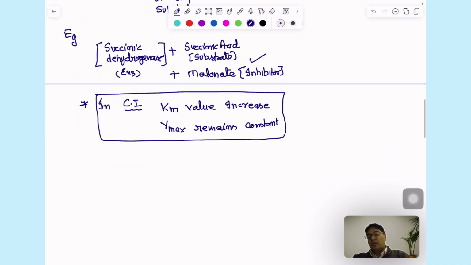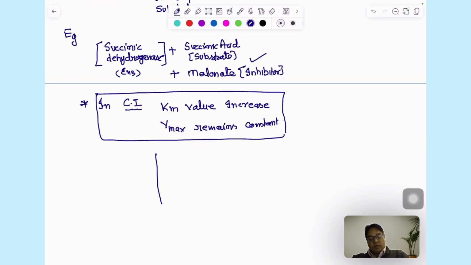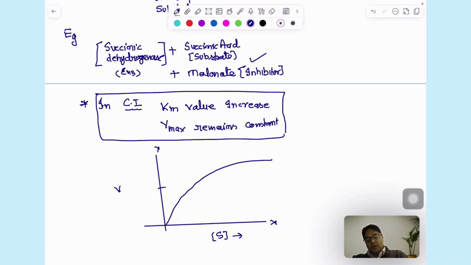So if you see this graph, we find a graph like this where velocity is increasing this way and substrate concentration is increasing on the x-axis.